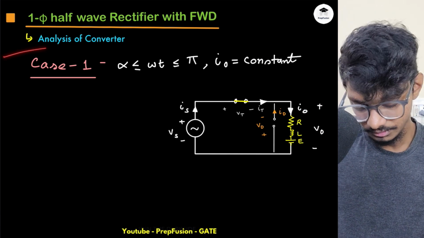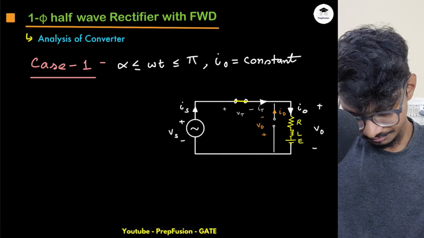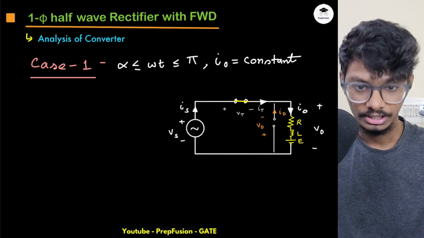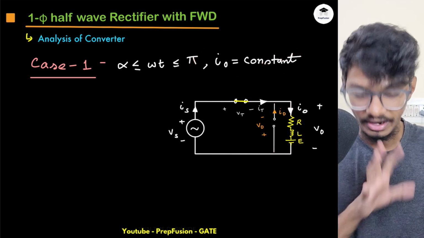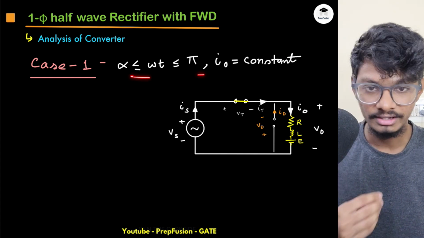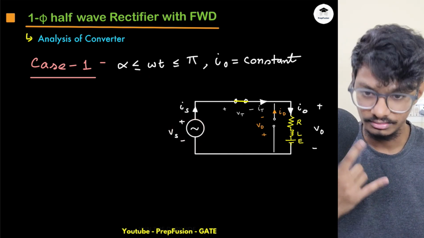Now let's understand with a simple RLE load. If the current with the RLE load and the IO is constant, then from alpha to pi, what will happen? The supply is on.